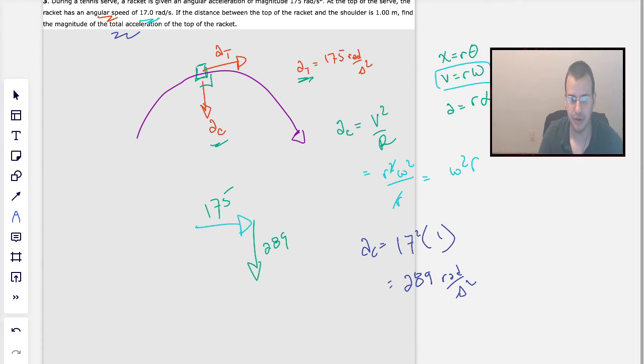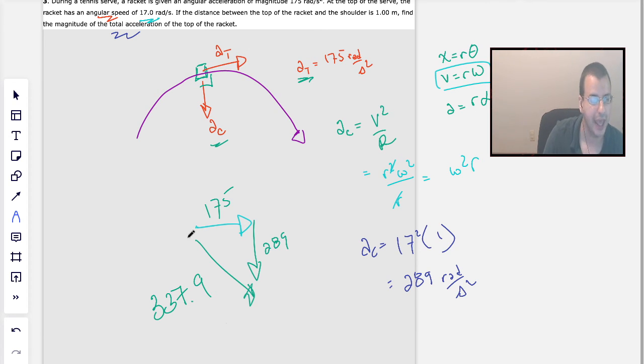We have 175 squared plus 289 squared. Then we take the square root of the sum, and we get a hypotenuse of about 337.9. So the answer is going to be 338 radians per second squared.